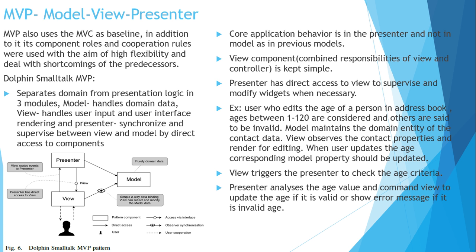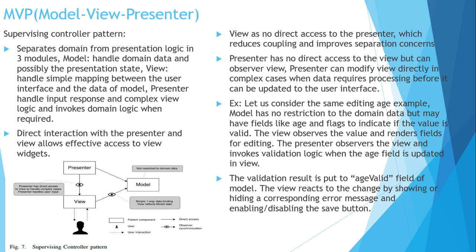The view observes the contact properties and renders them for editing. When the user updates the age, the corresponding model properties should be updated. The view triggers the presenter to check the age criteria. The presenter analyzes the age value and commands the view to update the age if it is valid or show an error message if it is invalid.